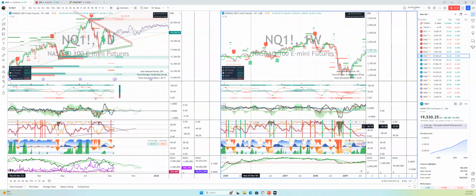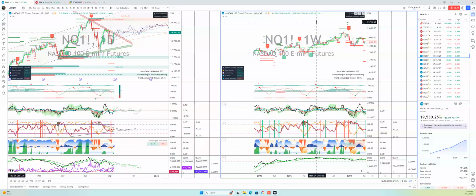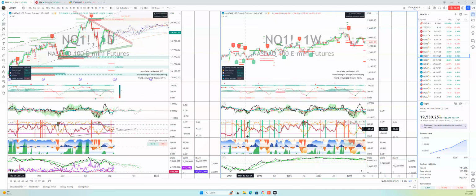Let's see here. This one was kind of weird. They crossed in the center, they crossed back, and price continued to rise until a lot of chop right there, stuck in a zone.